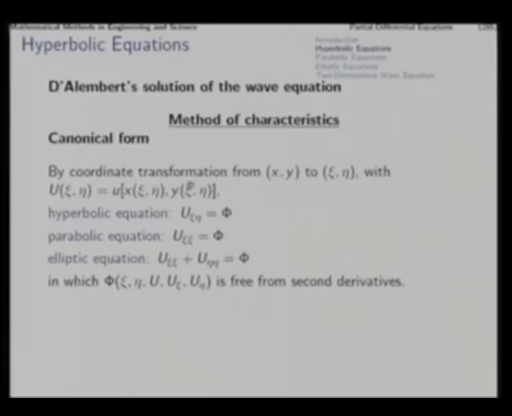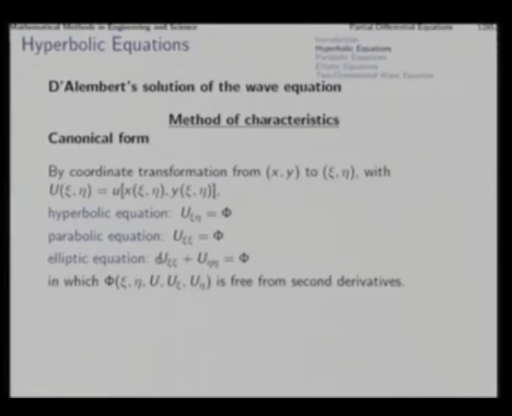Then you can convert the problem to these two new variables, and the canonical form of a hyperbolic equation in the new variables turns out to be del 2 u by del xi del eta equal to lower order terms. Similarly, for the parabolic equation, the corresponding canonical form is del 2 u by del xi square equal to lower order terms, and similarly this is the corresponding canonical form for an elliptic equation.